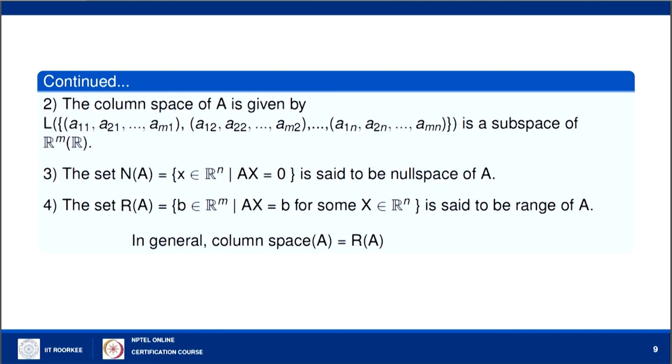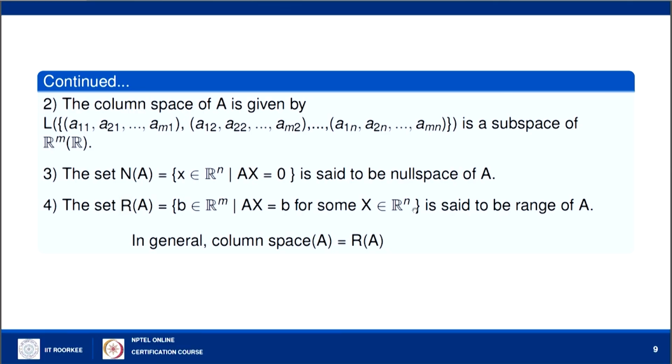The set, sorry, it should be R(A), not null space A. So, the set R(A) is all those m dimensional vectors b such that Ax equals b for some x belonging to Rn, and it is called the range space of A. In general, the column space of A equals the range space of A.